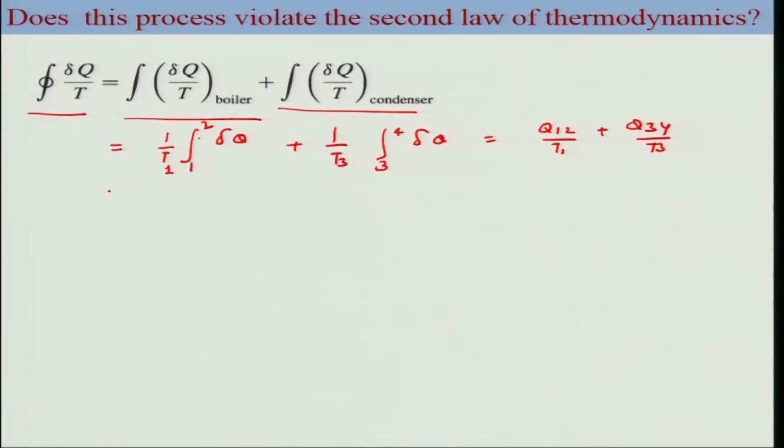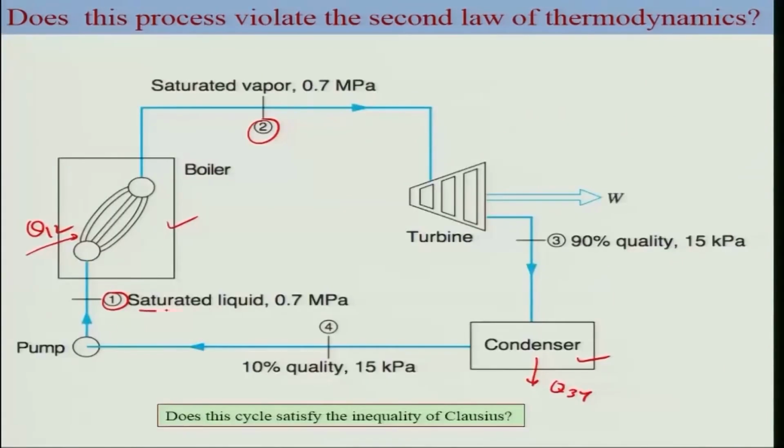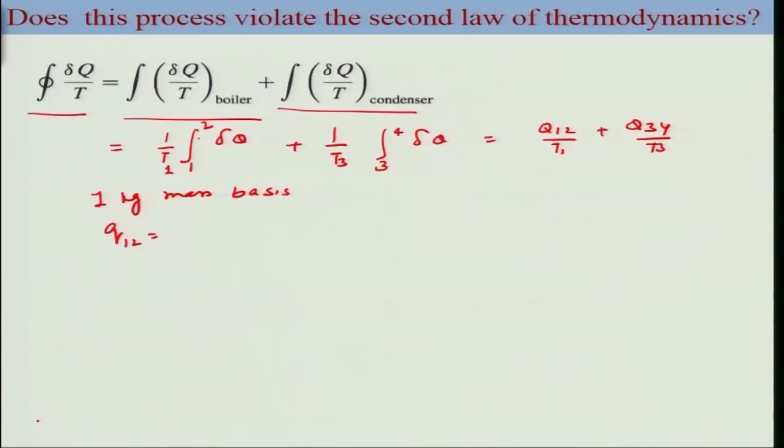Now considering 1 kg mass basis, then we can write Q12 simply, because this is saturated liquid and this is saturated vapor, it is simply the vaporization, change in the enthalpy between the vapor and the liquid, because this is a steady flow device. So in that case we have to make use of the control volume expression. So this is nothing but going to be H2 minus H1, okay.